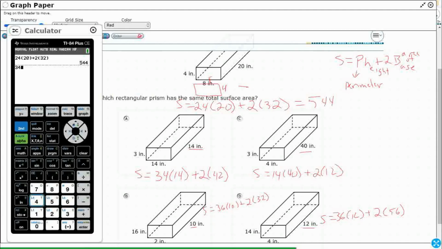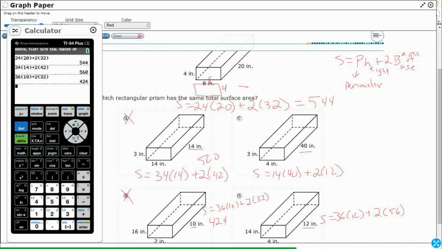So I'm looking at 34 times 14 plus 2 times 42, 560. So close, but not quite. Let's look at this B here. So it's 36 times 10 plus 2 times 32, 424. Not really close.